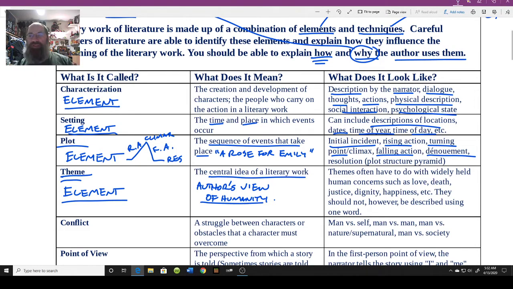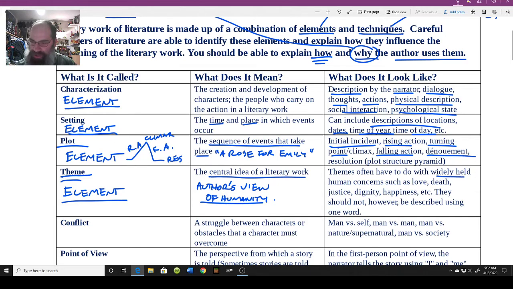The author has a hopeful view of humanity, or perhaps the author has a mixed view. While we may do terrible things, the author is relatively hopeful. While the author is relatively hopeful, we still do terrible things with tragic consequences. You see how you can create a generic theme with those three combinations.